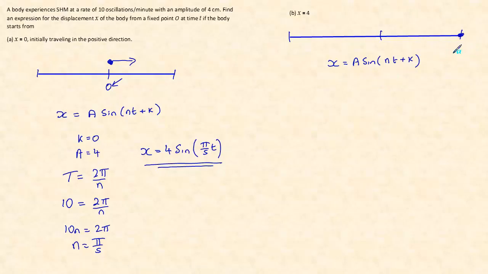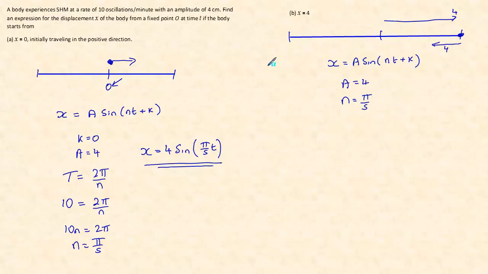I'm pretty confident that it's actually going to be 4, because if we think about the sine going out to 1, which means x goes out to 4, and then it will start to come back again, but it's still positive. So a is going to be 4. The n won't have changed, so we just need the k.